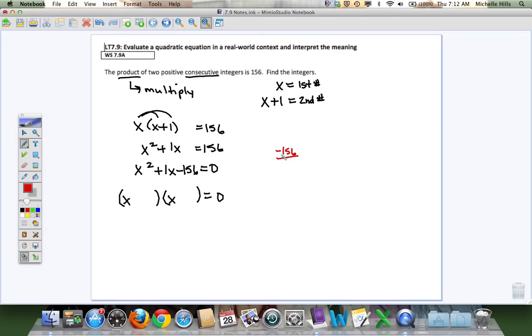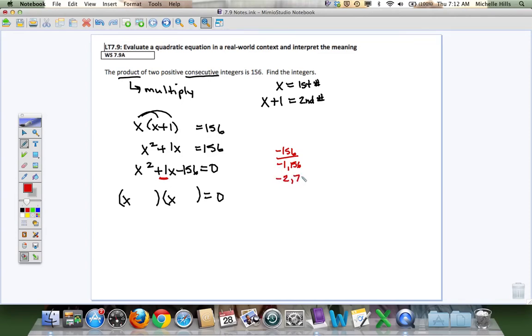The positive is going to have to be, and this is not necessarily math wording, more positive than the negative is negative, because I need to add them together and have a sum of positive 1. So negative 1, positive 156 wouldn't do it, because I'd add those together and I'd get 155. So I'm just going to keep walking through my factor pairs till I find the one that works.